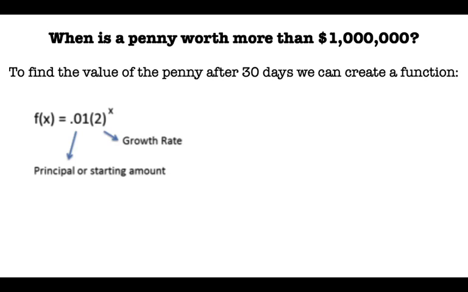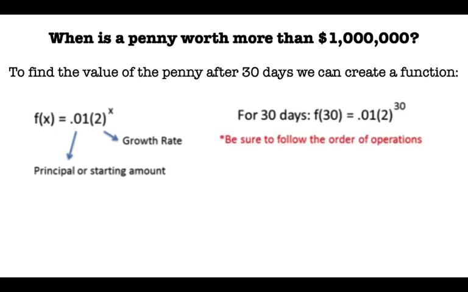The other thing we can do is, because we need to see how much money we'll have in 30 days, we can plug that 30 into x. x always stands for time, and in this situation we're talking about days, so we plug 30 into x. Then we do order of operations, which means we calculate the exponent first, because PEMDAS is parentheses, then exponents, then multiplication, division, then addition, subtraction.